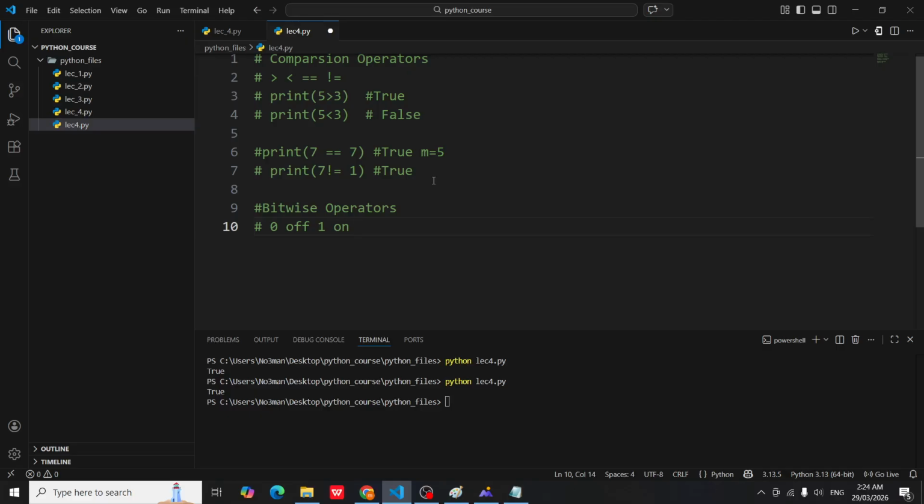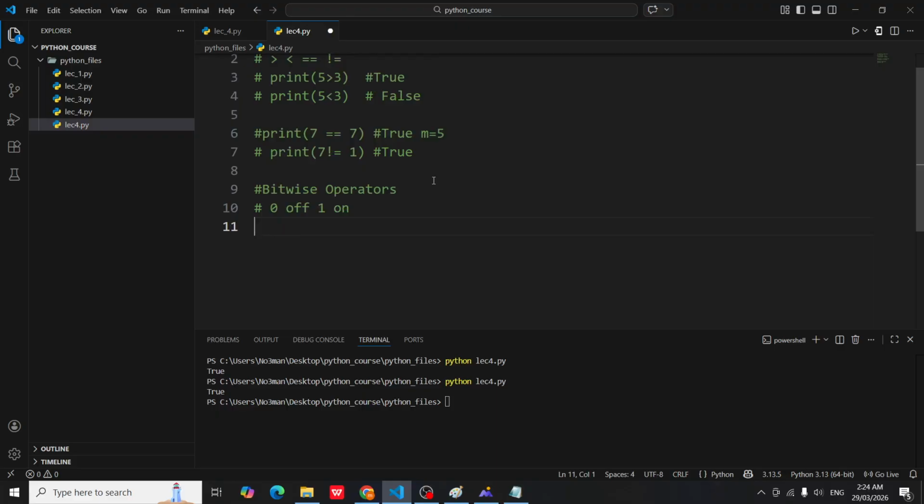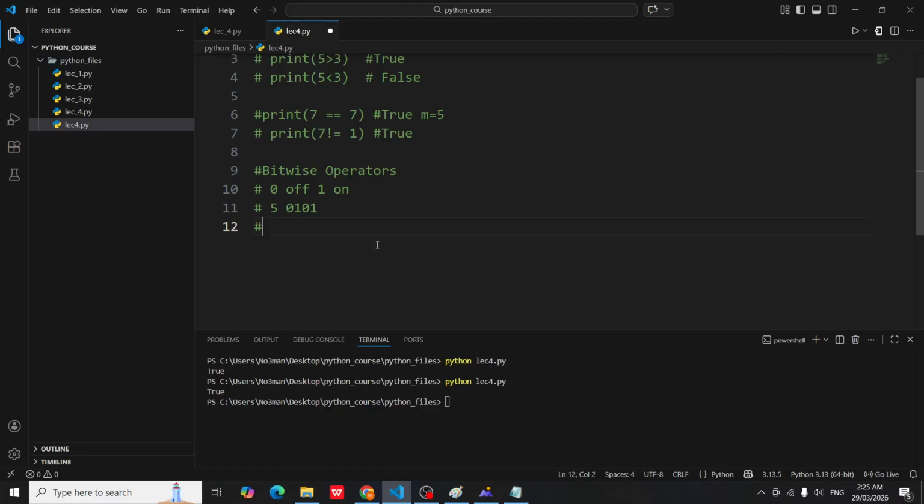So we will assume 0 is off and 1 is on. It's like a switch. The binary number of 5 is 0 1 0 1, and the binary number of 3 is 0 0 1 1.